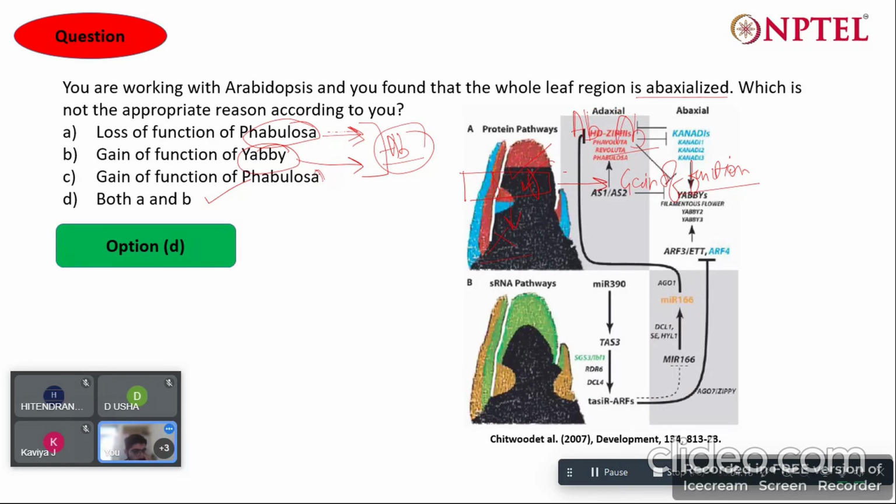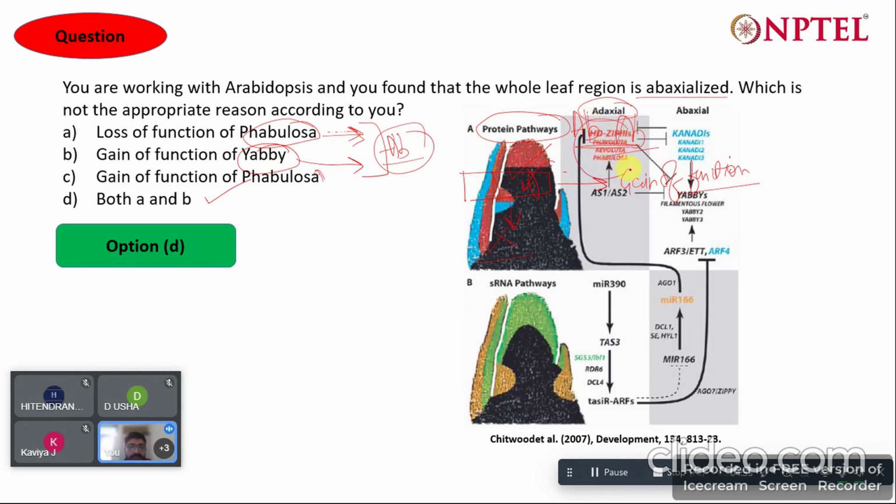So here is the explanation. In the pathways that we are talking about, the adaxial surfaces have all these homeodomain-containing factors, that is fabulosa, fabulota, and revoluta.